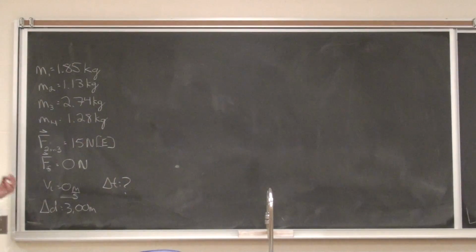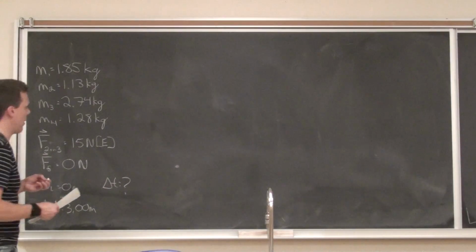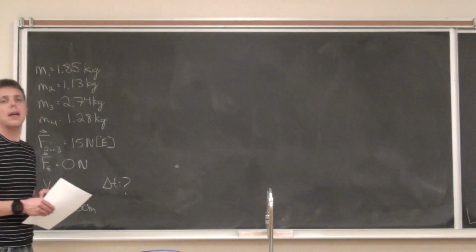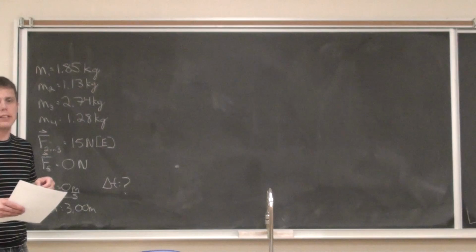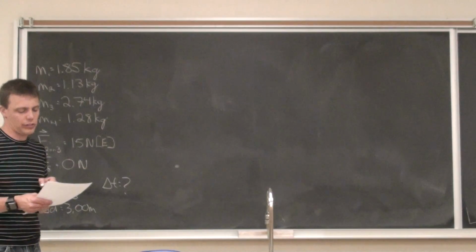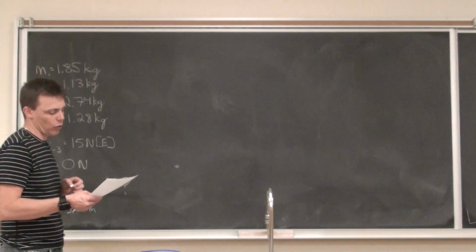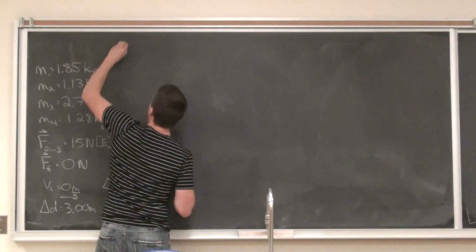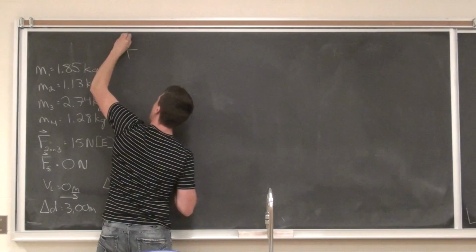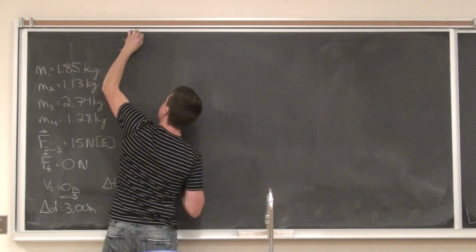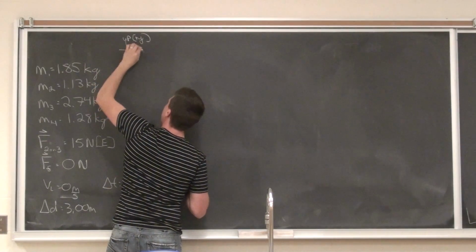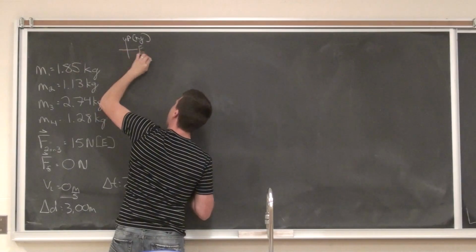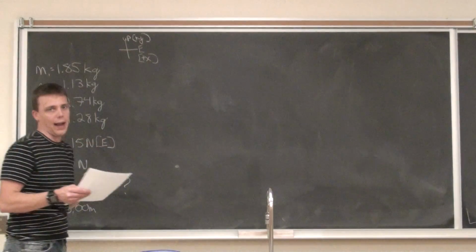At this point, I recommend drawing a system diagram. Remember, a system diagram can show all the things happening in the system and can show forces acting on different things or applied to different things. So I first of all draw a reference coordinate system. I'm going to make up my positive y, and I'm going to make east my positive x.